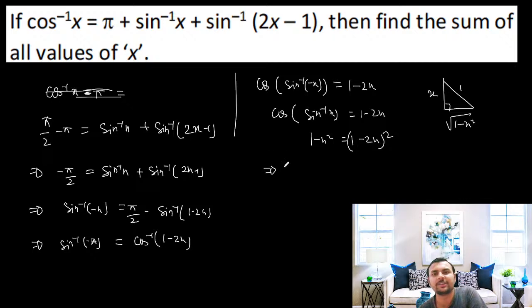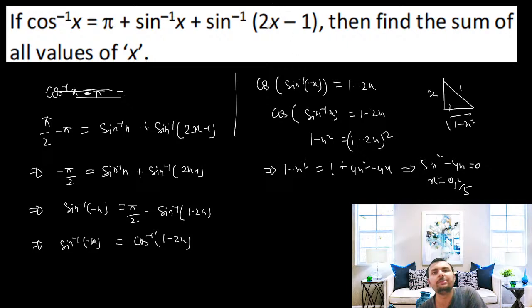We'll solve it further. 1 minus x square equal to 1 plus 4x square minus 4x, which further solving, 5x square minus 4x equal to 0. X equal to 0, 4 by 5. Now what will happen?